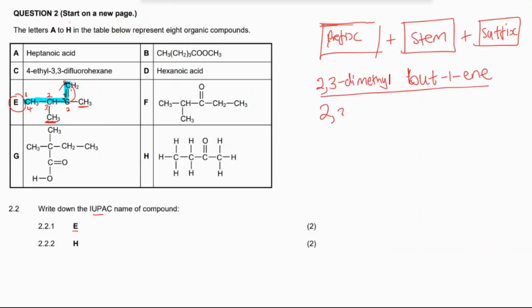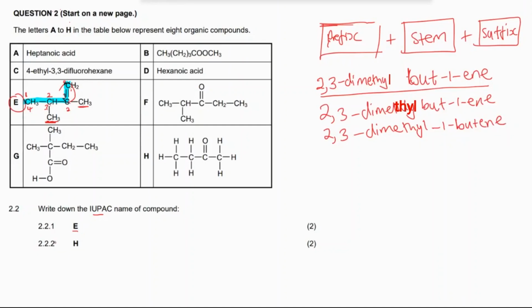We have 2,3-dimethylbut-1-ene. Then you can also write it like this, 2,3-dimethyl-1-butene. You can write it like this.